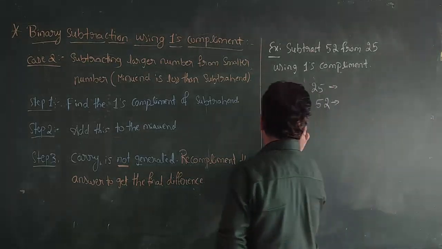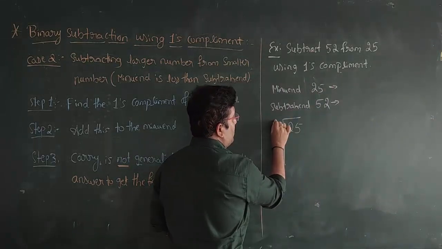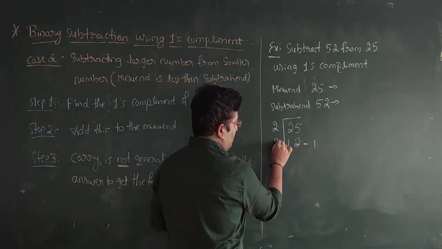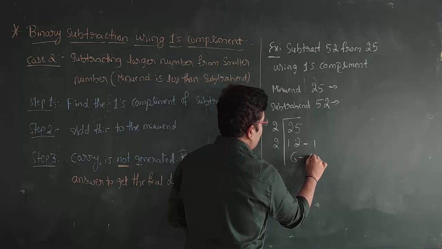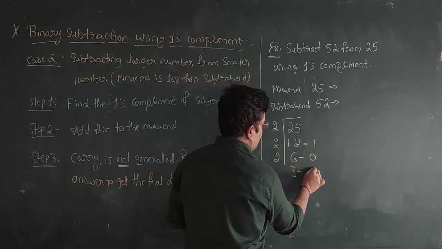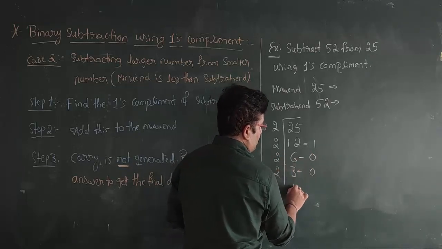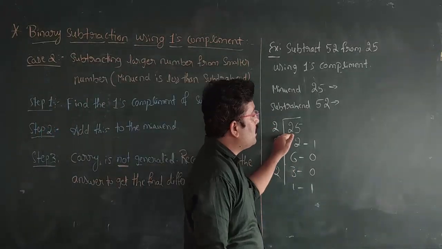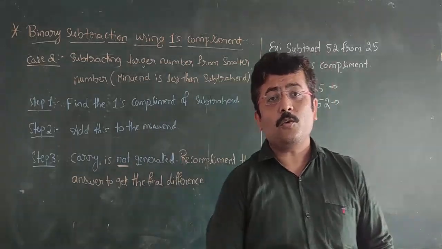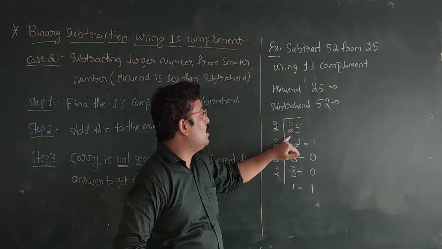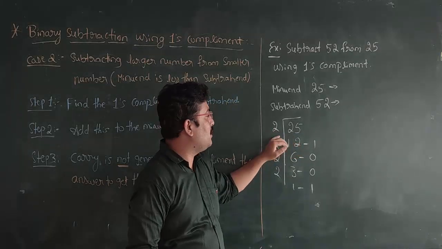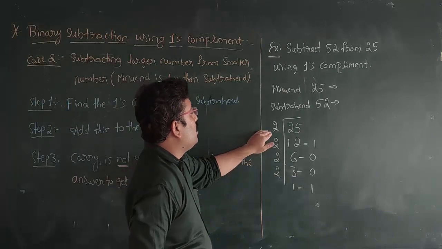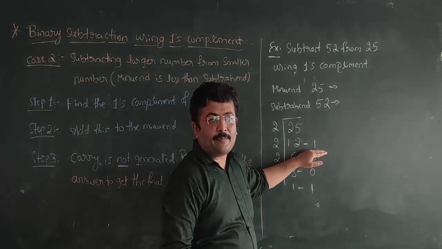I am converting the given decimal number 25 to a binary number by dividing by 2. 2 12s are 24, so the remainder is 1.